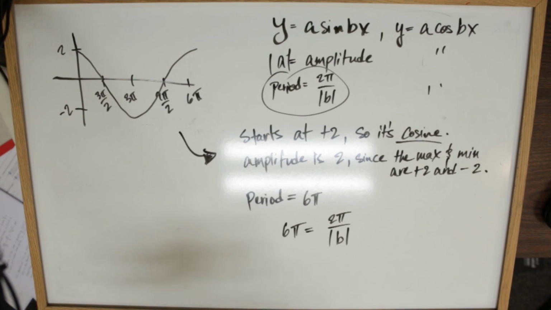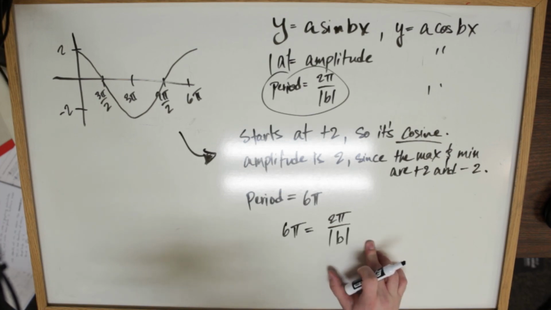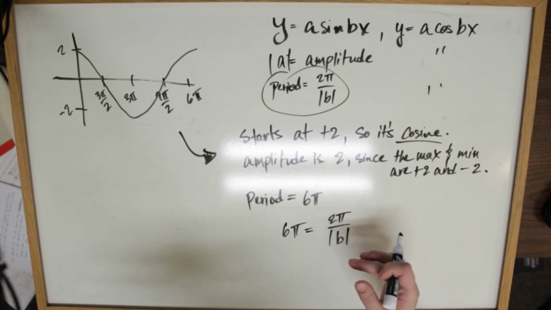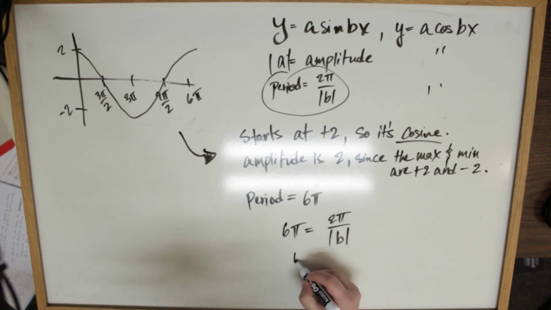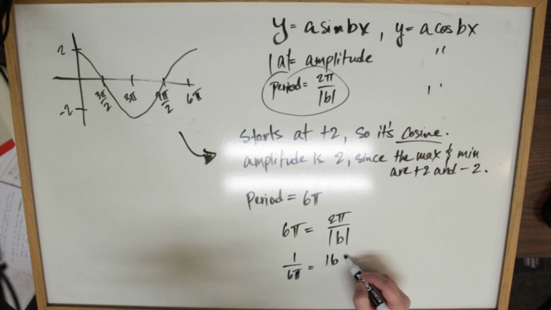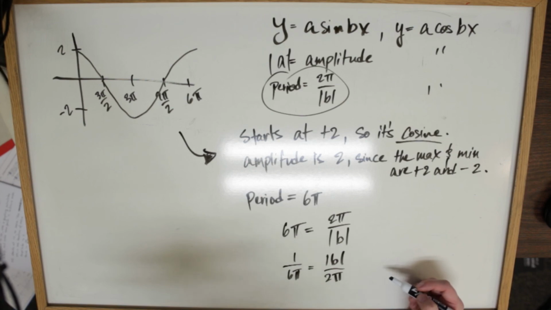All right, so now to solve this, we have to find the b, so let's invert everything. So 1 over 6 pi is going to equal absolute b all over 2 pi. And we can multiply both sides by 2 pi.